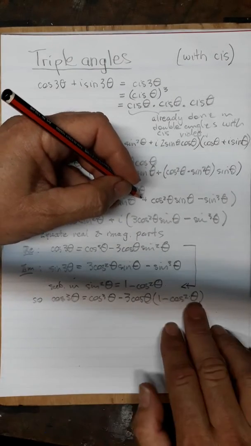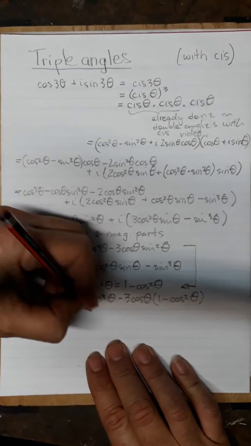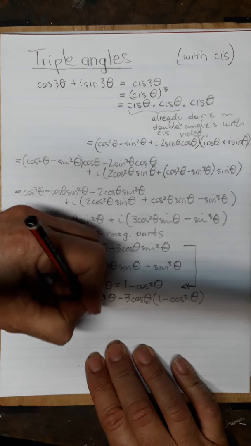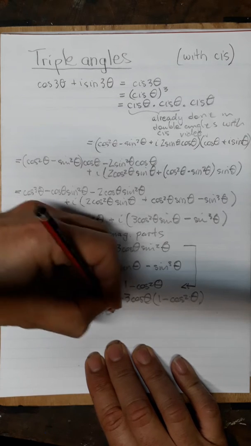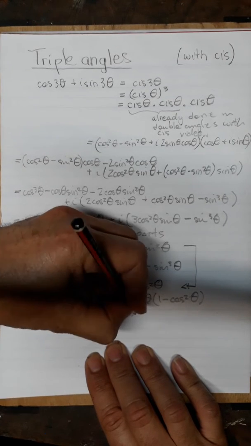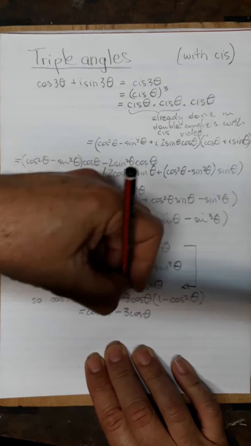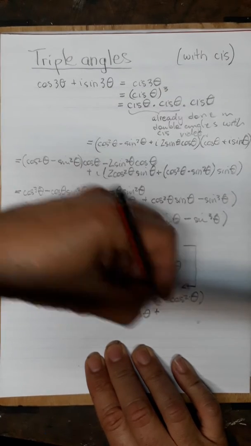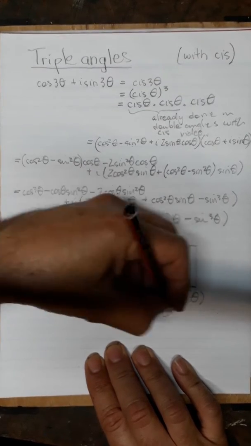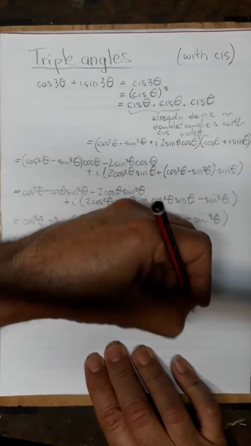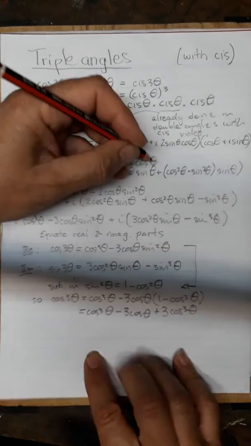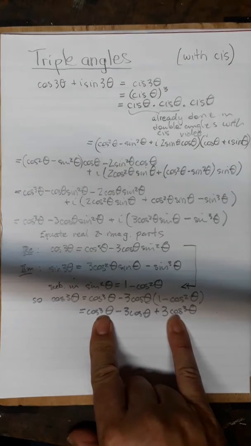Let's expand this out and tidy it up a bit. Equals cos cubed theta minus 3 cos theta plus 3 cos cubed theta. Now have a look at these two terms.